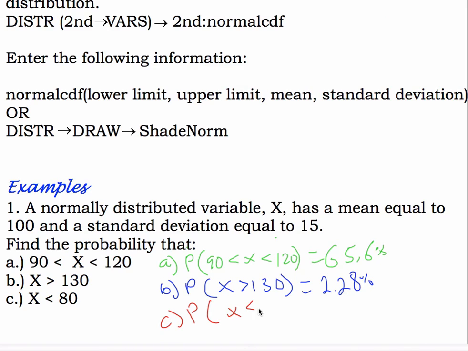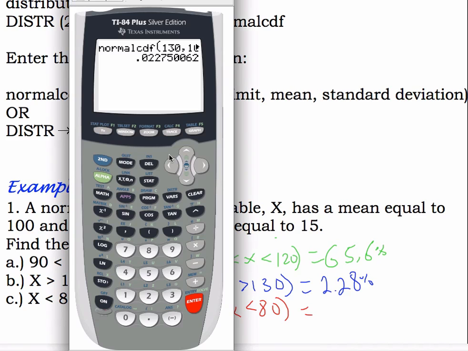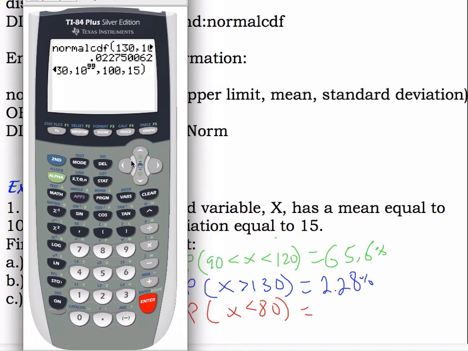Okay, now part C, probability x is less than 80, and we're going to do that on the calculator again. So I'm going to go second function entry to get that to pop up again, and this time less than 80, so we want the upper bound here to be 80, and delete that.